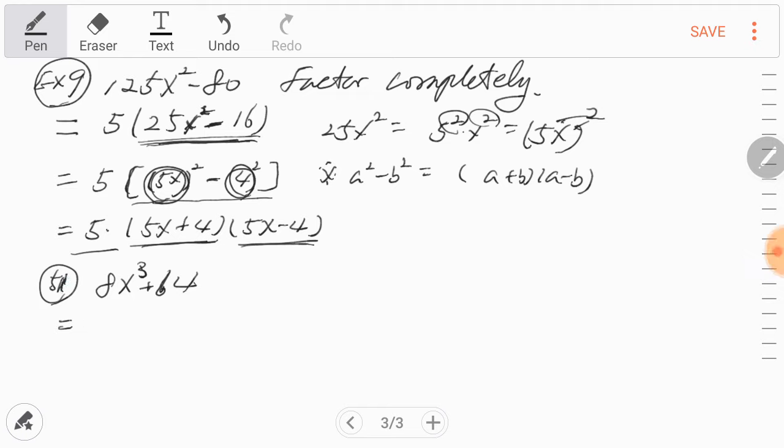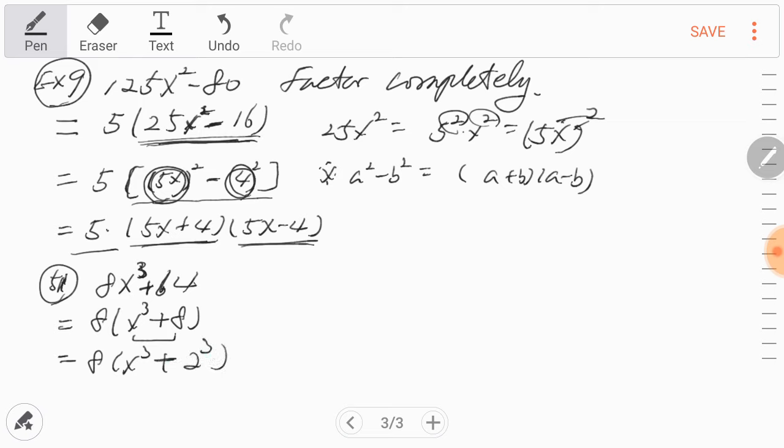Okay, first of all, this is plus and this is cube. So we can try to use sum of cubes. But before we use it, we can factor out 8 because 8 is a common factor. Then 64 is 8 times 8. Then the binomial can be written as sum of cubes because the first one is cube, the second one 8 is also 2 cubed.